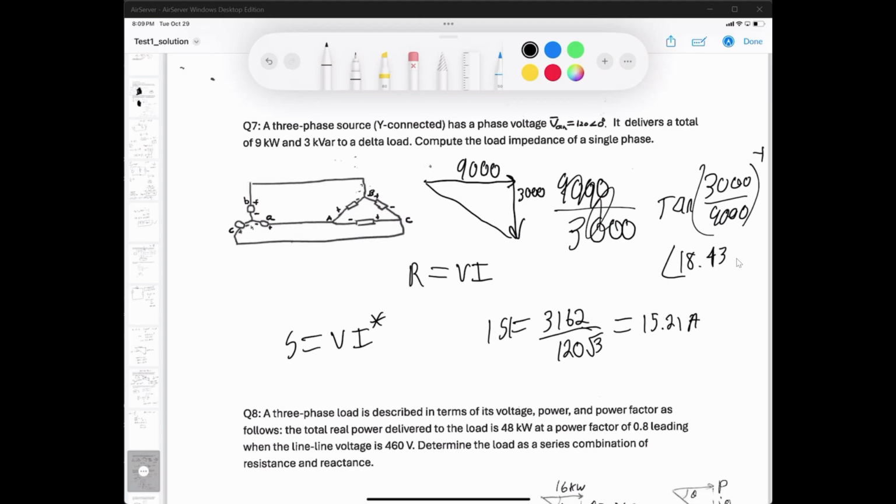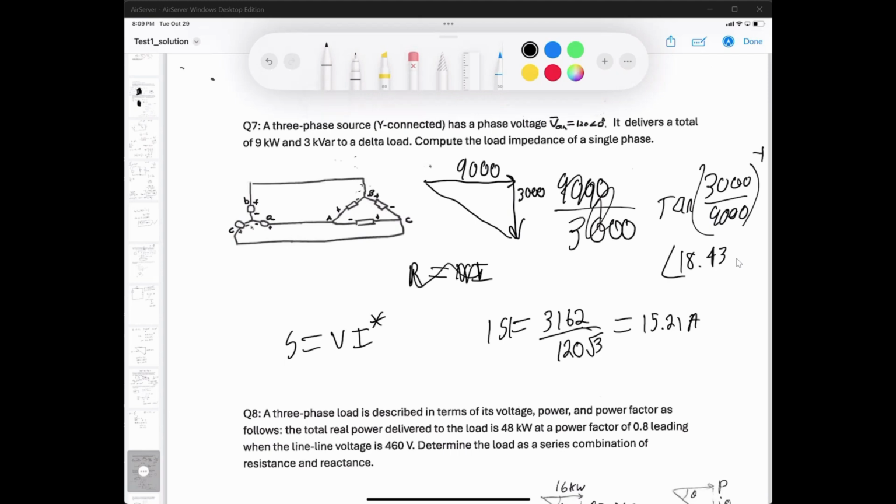Alright, if we're strictly looking at the magnitude, we're not worried about the angle. This is the wrong relationship.